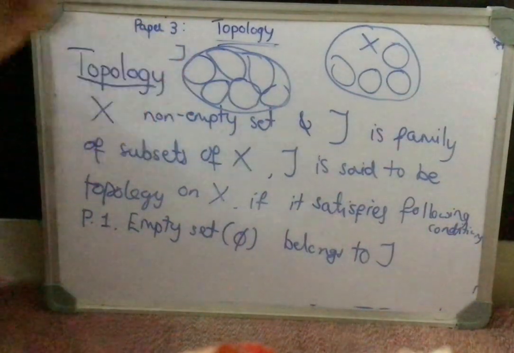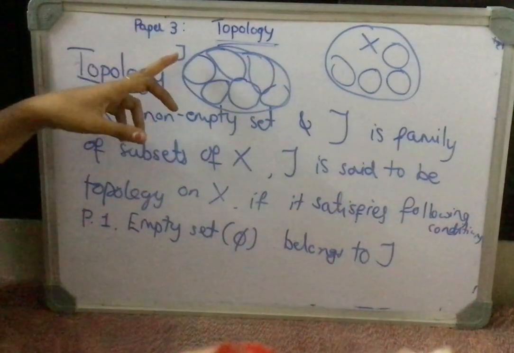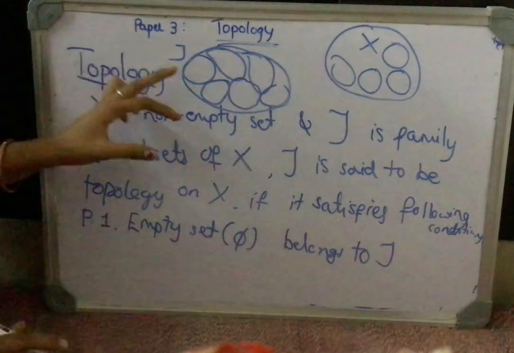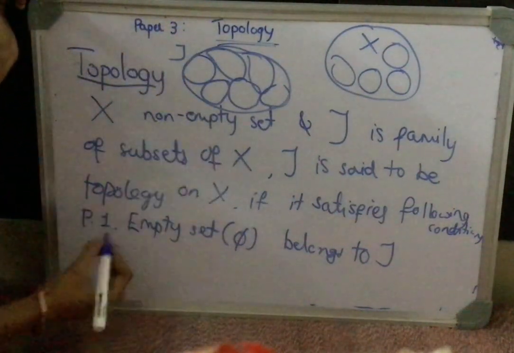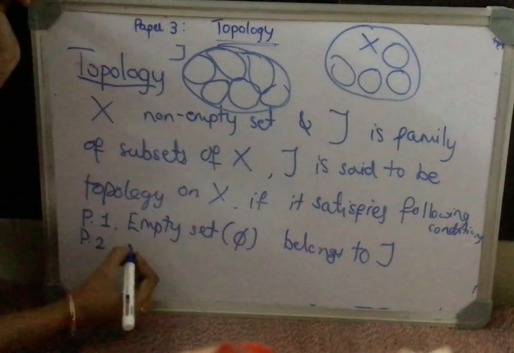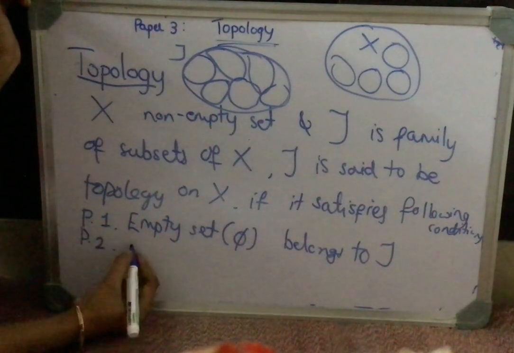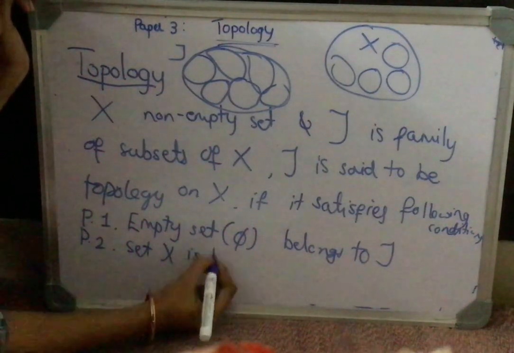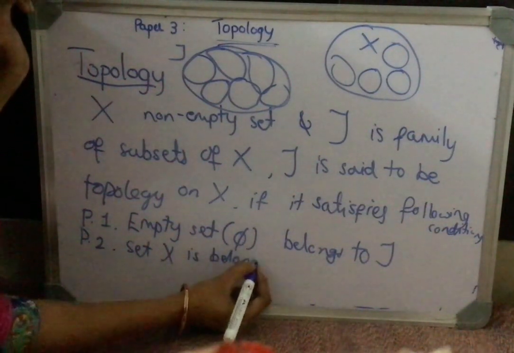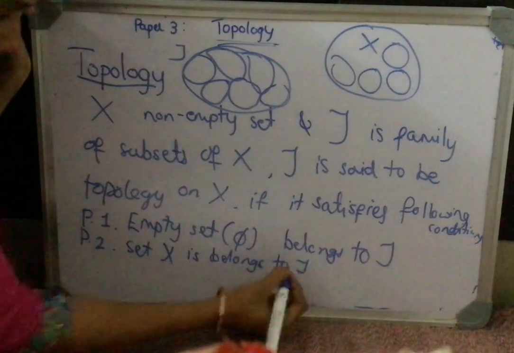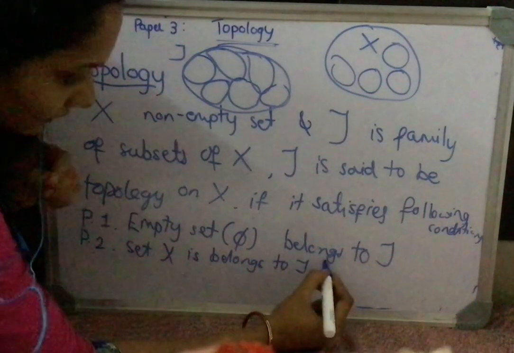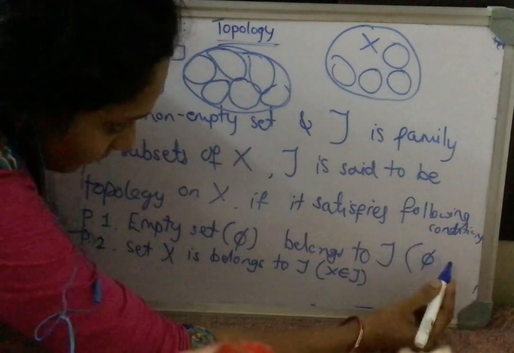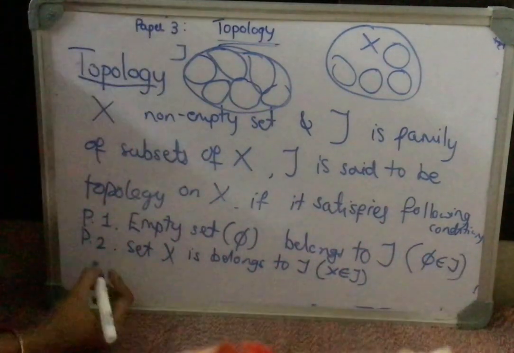So this family of subsets is called the topology on x when it should have the empty set. First thing is it should have the empty set. Second one is that the set x itself belongs to tau. That is, x belongs to tau. Here phi belongs to tau.